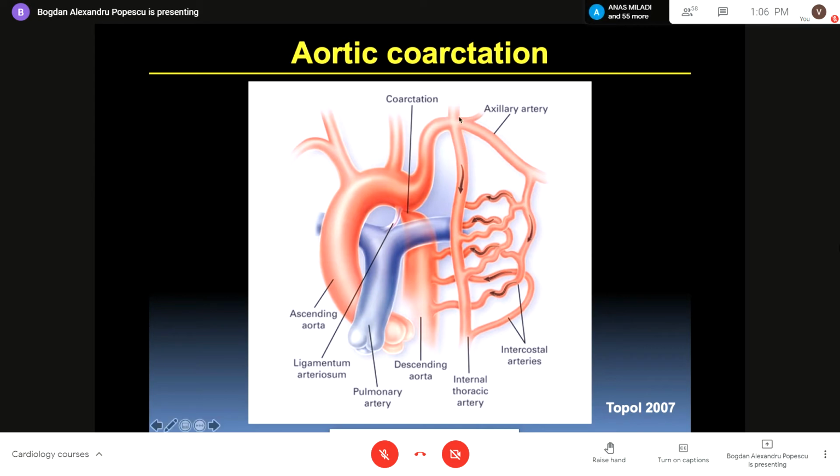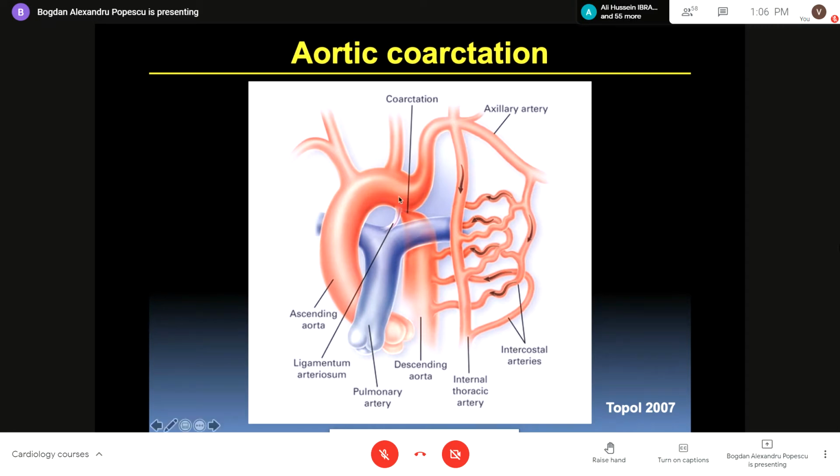What I wanted to tell you today is that in patients who have severe coarctation, as I told you, always the body tries to adapt to a problem, okay? And tries to find ways to adapt.